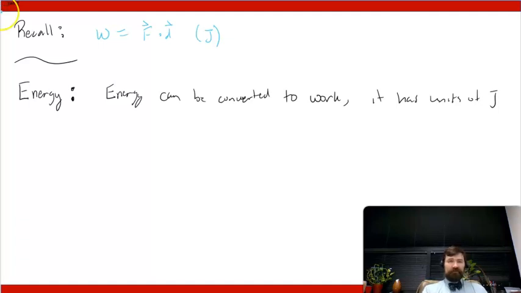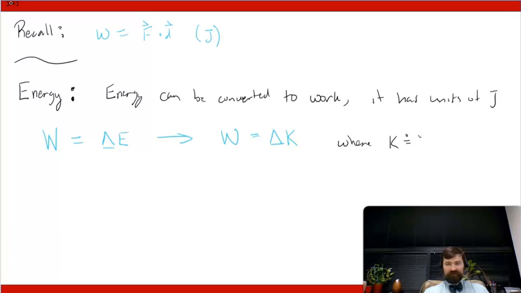Now, when you do work on a system, what you basically are doing is changing the energy of that system. And there's a theorem called the work and kinetic energy theorem, which typically is how this plays out. We could say work is equal to delta K, where K represents kinetic energy.